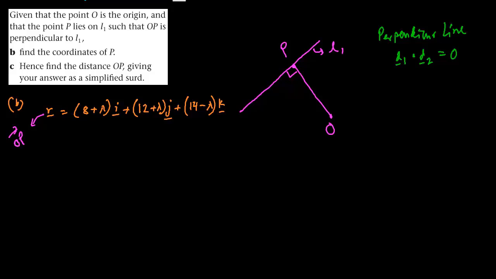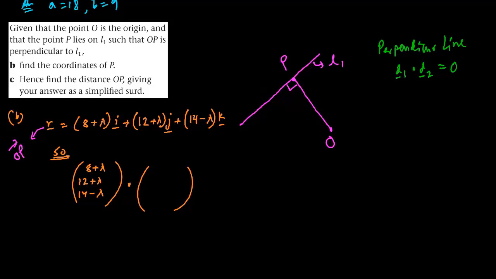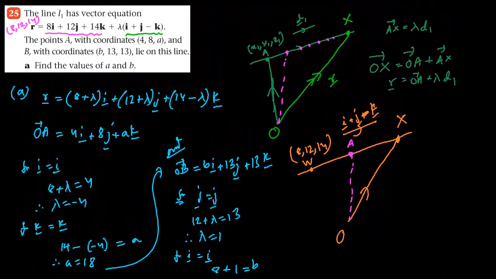So the dot product should be with the direction vector. Let me write OP in the column vector format, it's easier to write. OP is 8 plus lambda, 12 plus lambda, 14 minus lambda, dot the direction vector of L1. If you remember, the direction vector of L1 is what is written after the scalar quantity lambda.